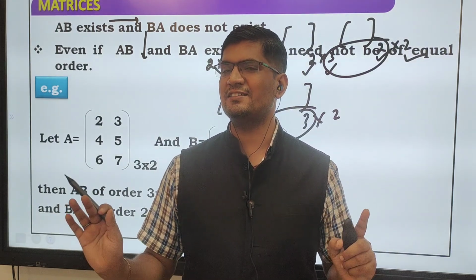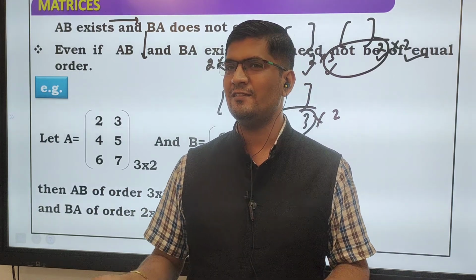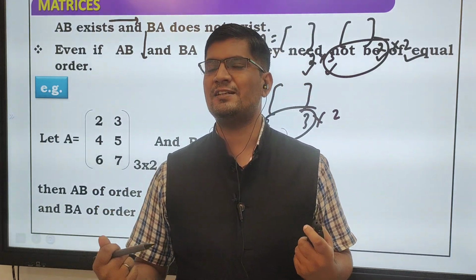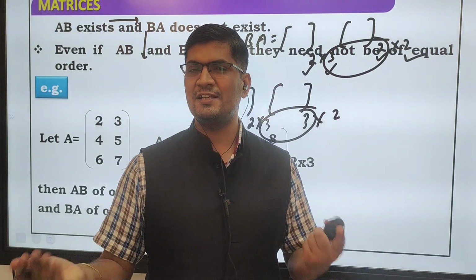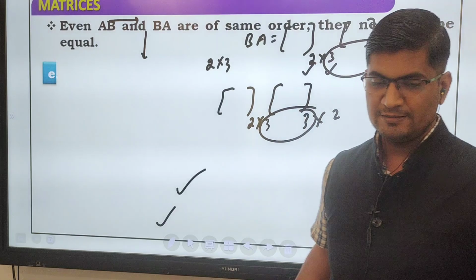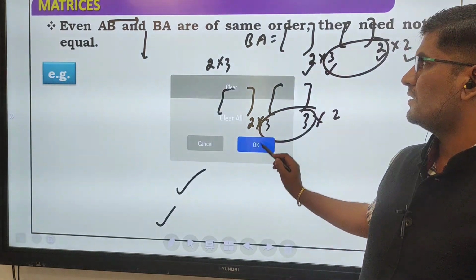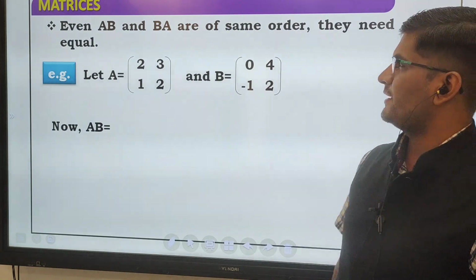Just like addition, where A plus B is equal to B plus A, normal multiplication is commutative. 2 into 3 is 6 and 3 multiplied by 2 is also 6. So there is no change. Even if AB and BA are of the same order, they need not be equal.